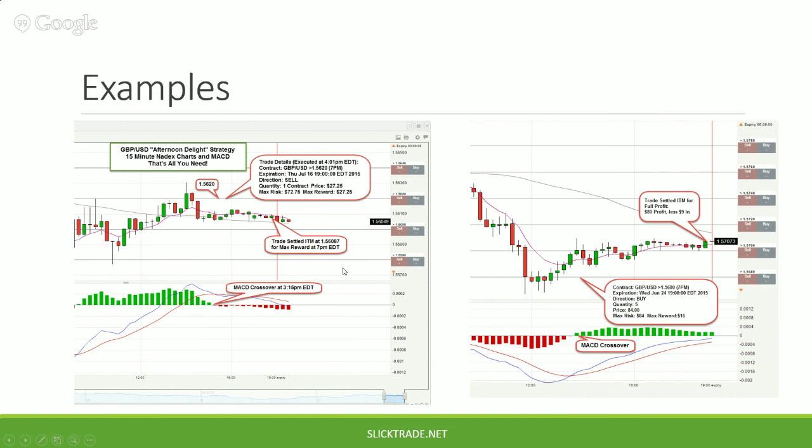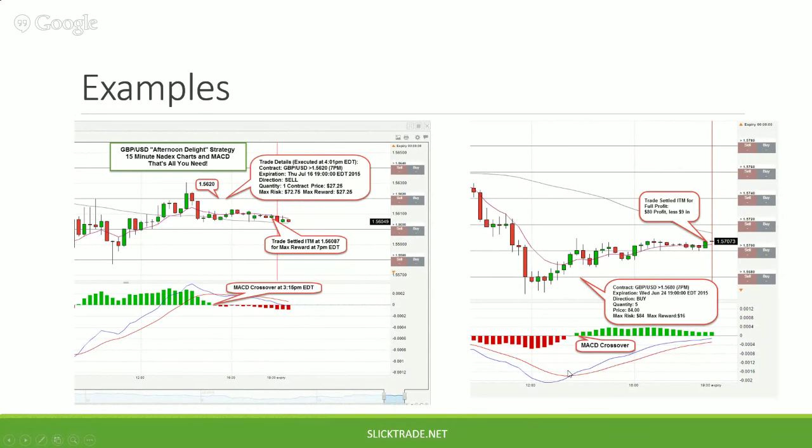Sometimes you can get even better prices. I've seen where you can get like 40, I've even seen better than that. But if you're just setting a working order on this every day, I'd set it to 80-20 or 70-30.